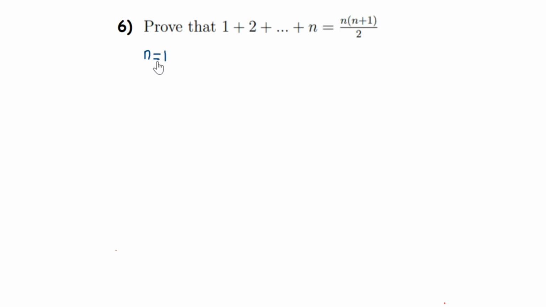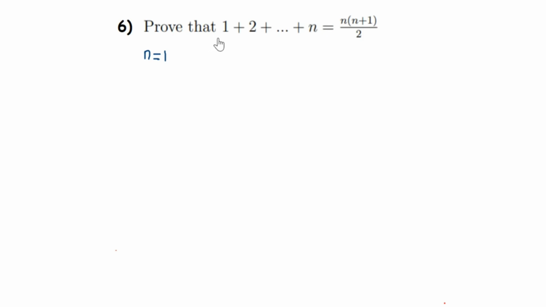So when I take n equals 1, I'm going to take the first term in this series, which is 1. I'm going to equate it to this formula, substitute the value of n, which is 1, in the formula, and see if I get the same value.